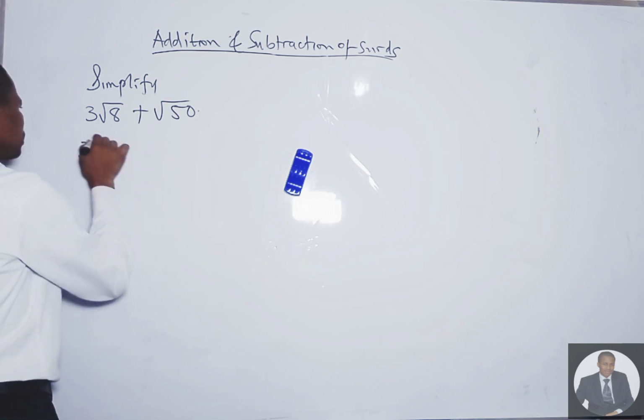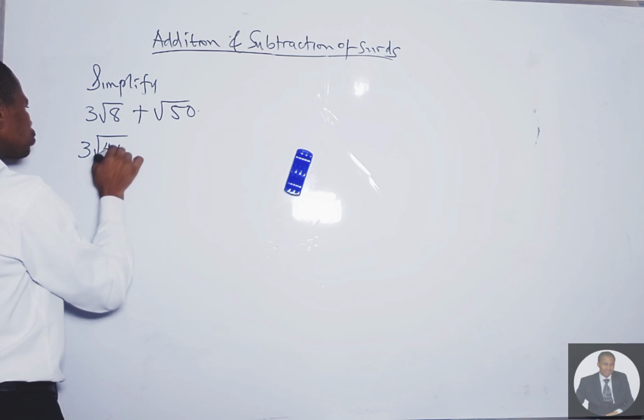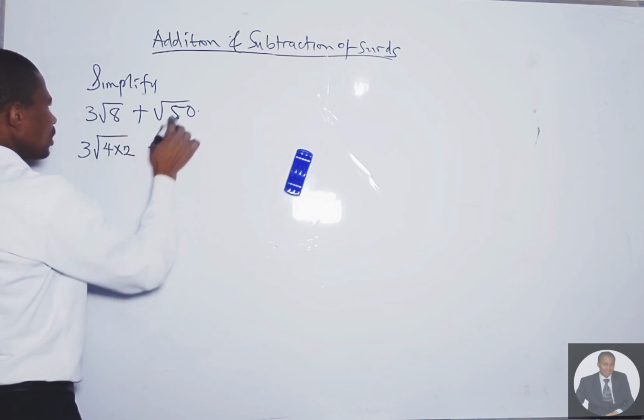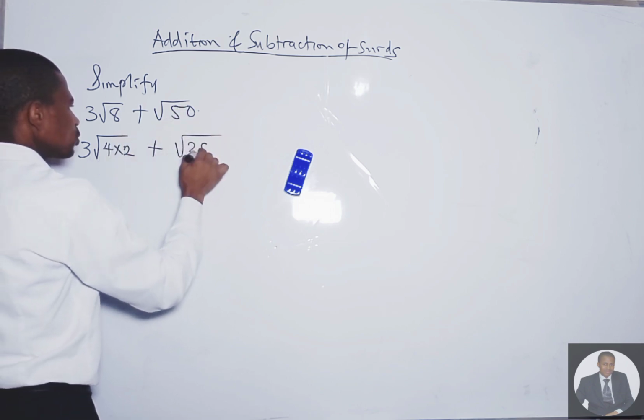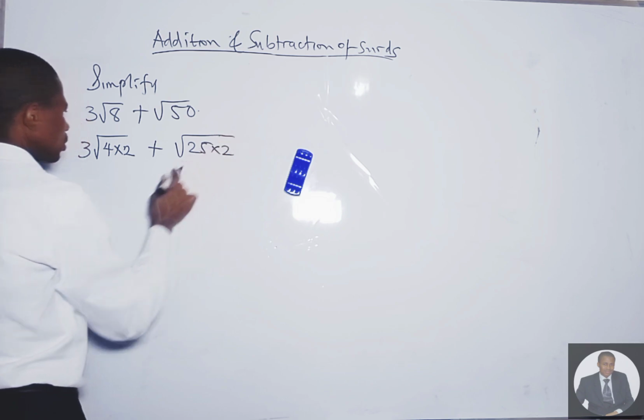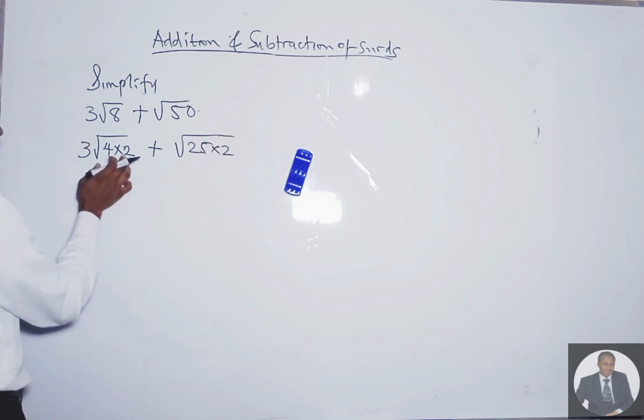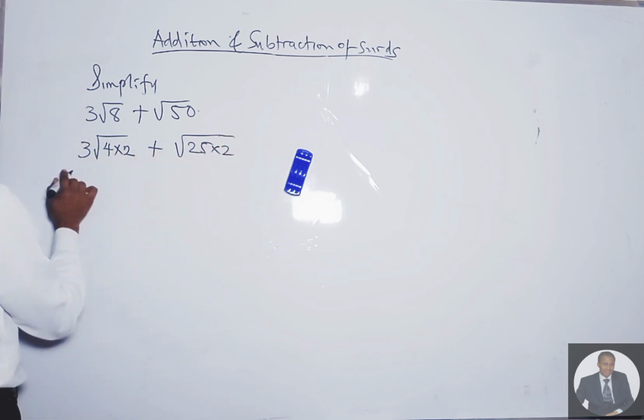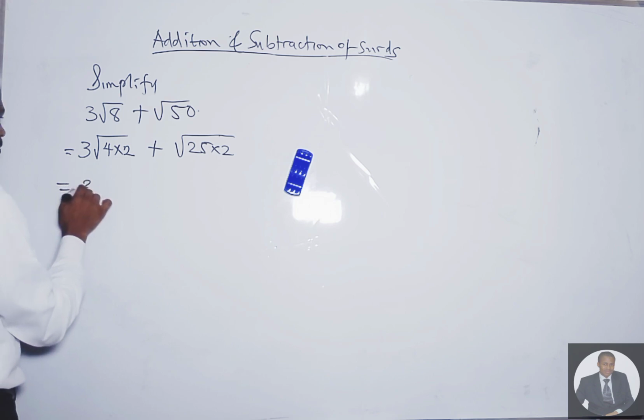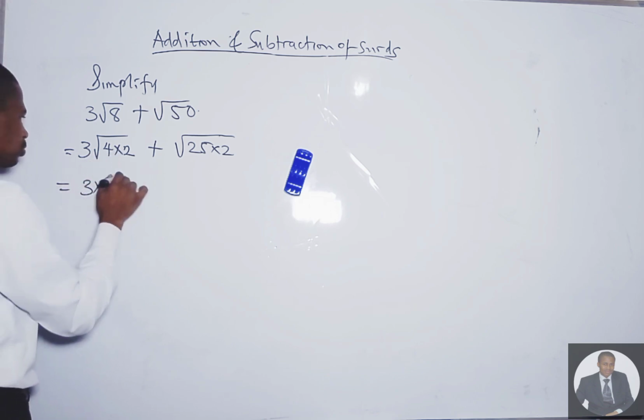Root 8 is the same thing as root 4 times 2, while root 50 is root 25 times 2. So they are becoming like surds. We have root 2 here, we have root 2 here. So what do we do here? What's the square root of 4? That's 2. We bring the 2 out, then we write the remaining 2.